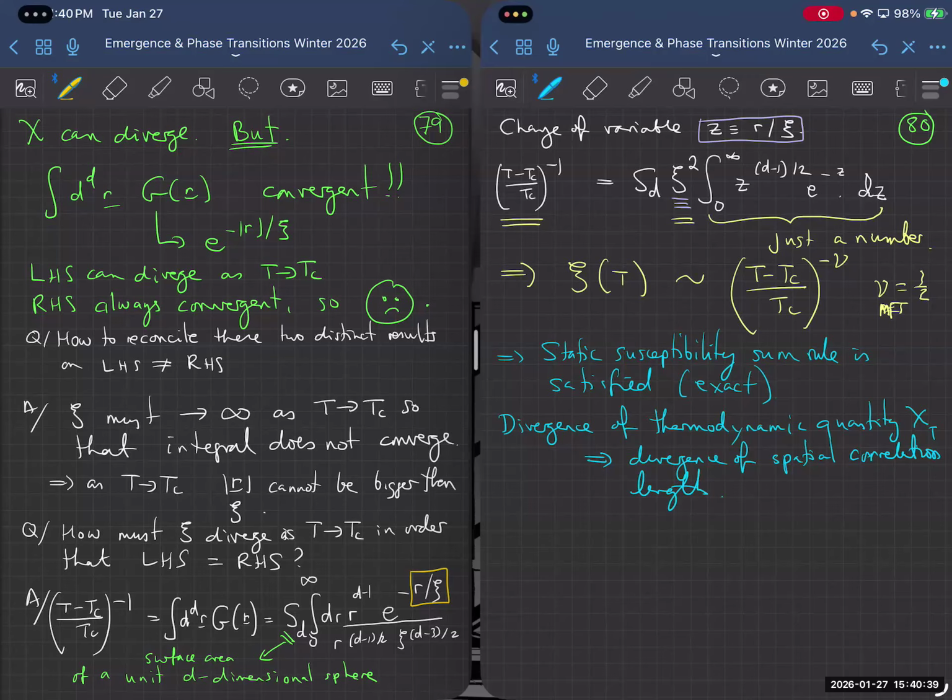And all of this is using mean field theory results. We know mean field theory is not correct; it's a slightly different number. I told you what the real one is in 3 dimensions last lecture. So nu equal to 1/2 is not going to be exact either. It'll be some other number that you can work out. But basically, we've now reconciled the thermodynamics and the spatial correlations.